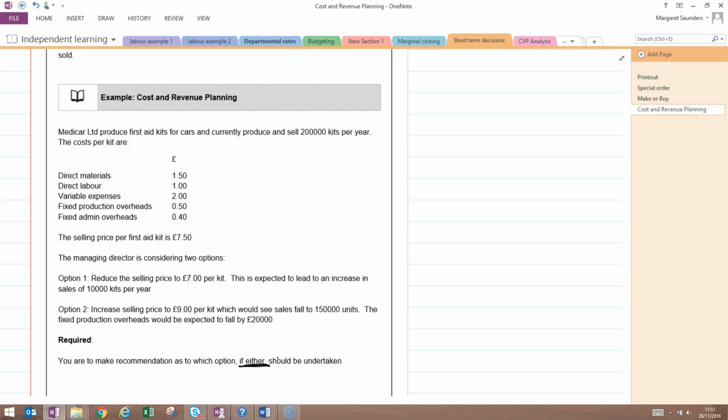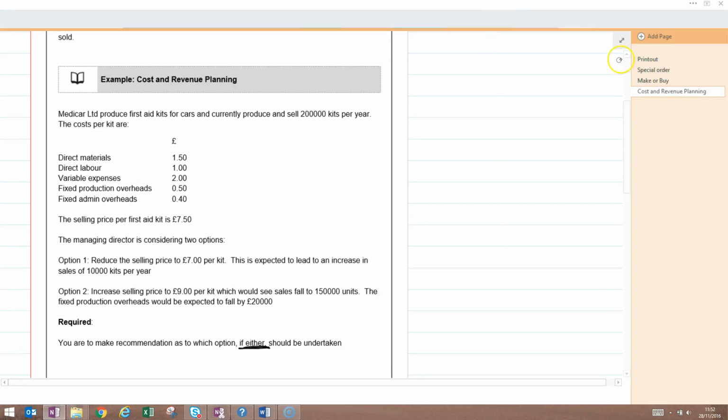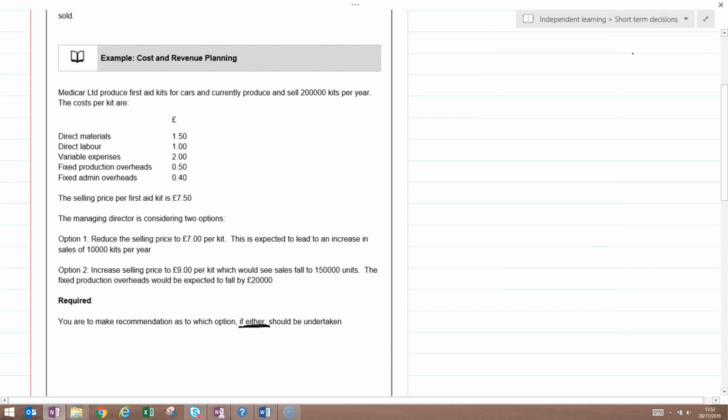So, first thing we need to do, because we've been given our fixed production overheads as a unit figure, we need to work out what they are in total, because we will need to know what our total fixed overheads are. So our fixed production overheads are 50p a unit, and that's based on 200,000 units.